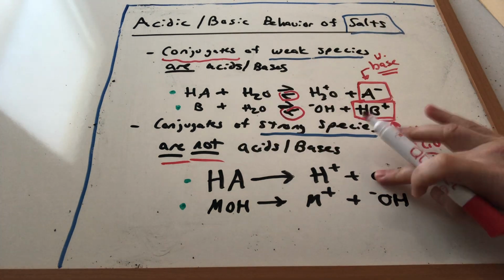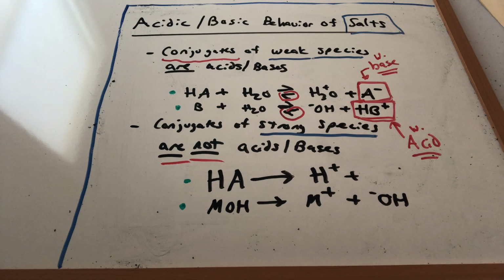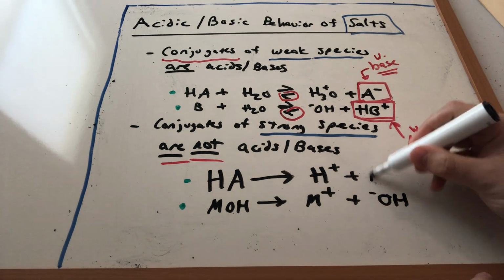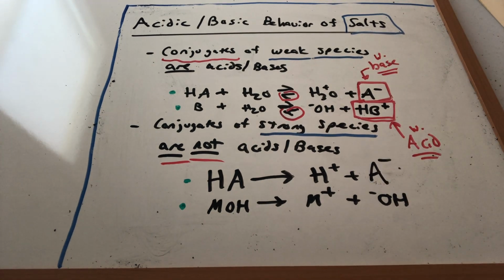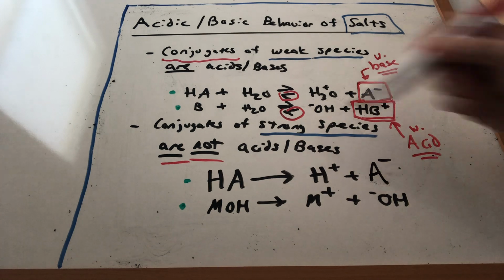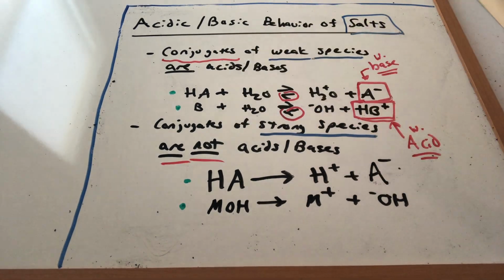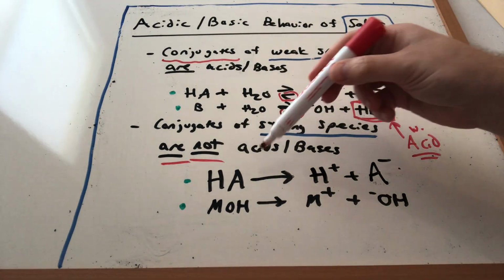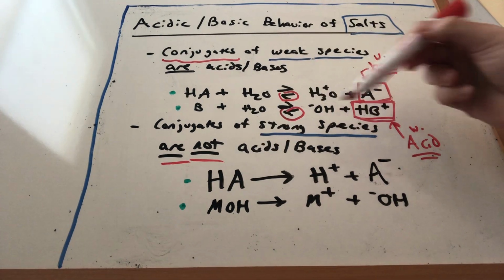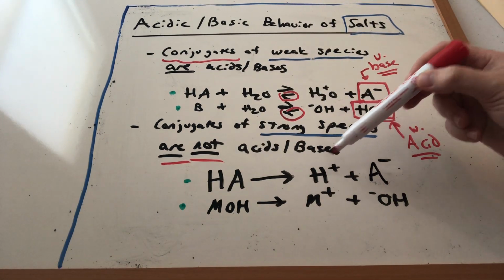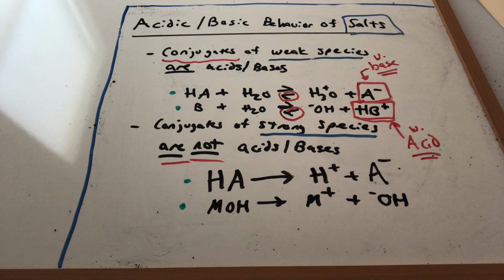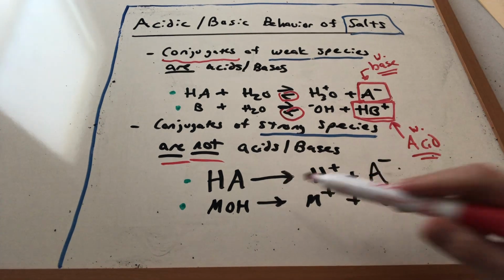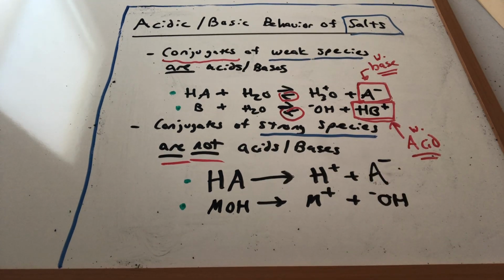Notice for this one down here, just a general HA, I had HCl in my head when I was writing that. For a general strong acid HA, where A is a general anion, one from our list, it dissociates completely to the right-hand side. We get H plus and an A minus out. There's only a single arrow here.